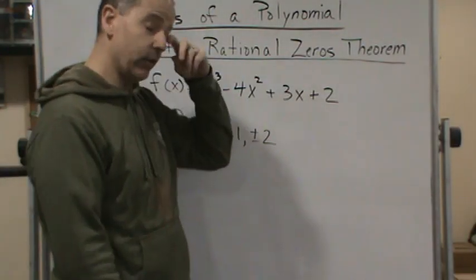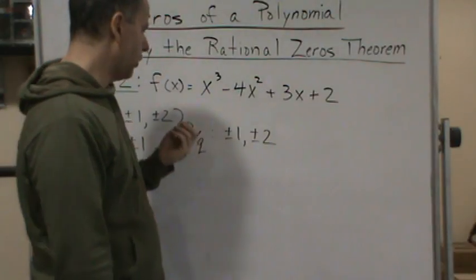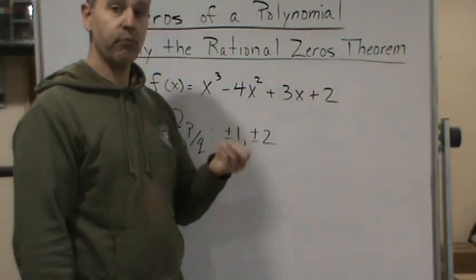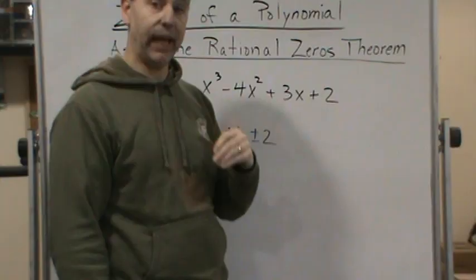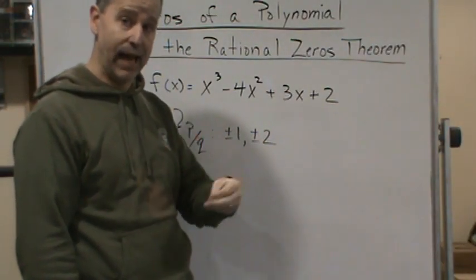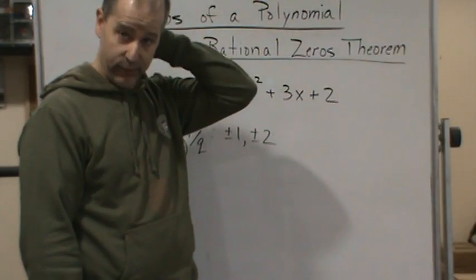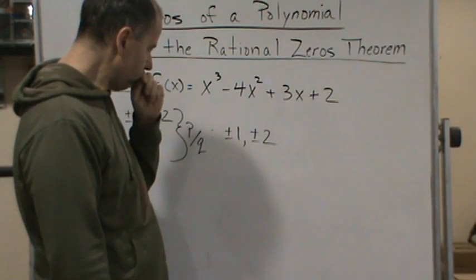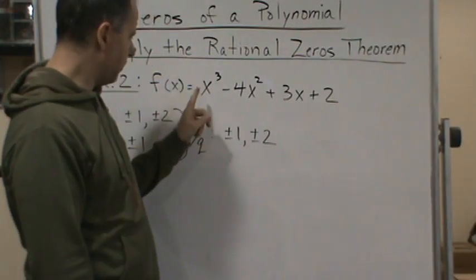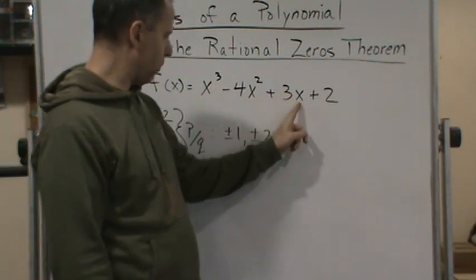Okay, what about negative 1? Well, negative 1 is also easy because negative 1 only changes the sign of the terms that have an odd exponent on the variable. So in this case here, this will change signs here, and this one will change signs here.